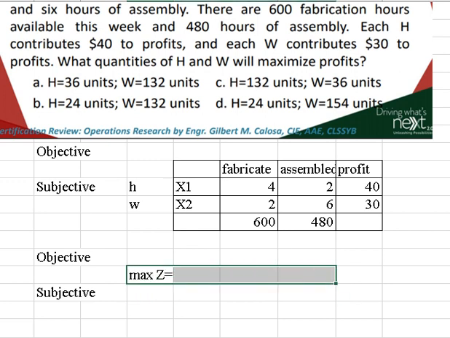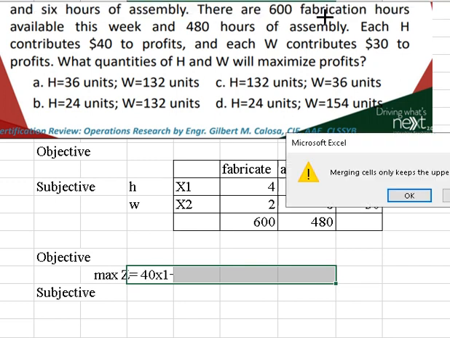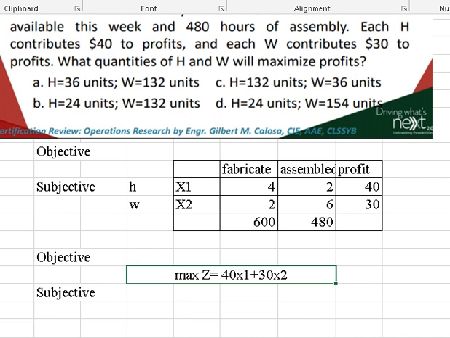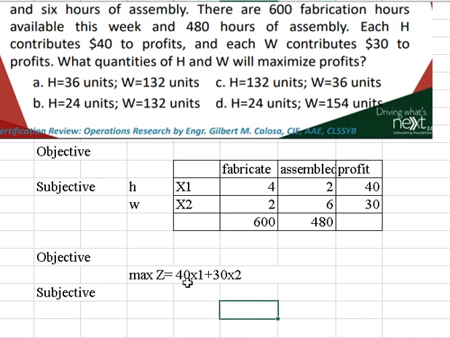Ibig sabihin, our computation would be $40 na X1 at $30 na X2 ay yung kanyang profit. This is our objective function.